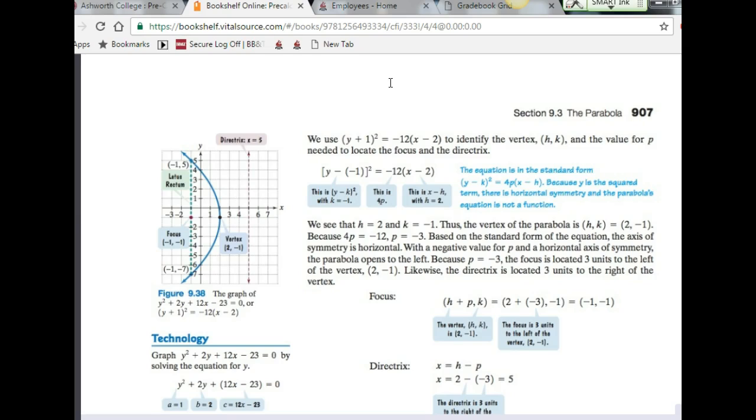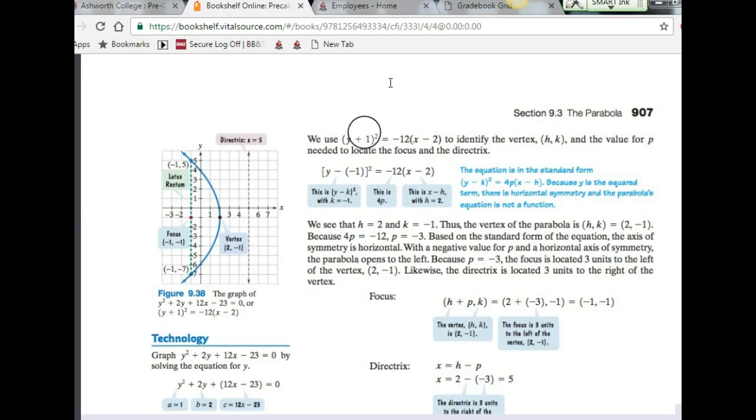One thing that helps us is this value right here, the number in front of the parentheses, which is always equal to what's called 4p. So if I set 4p equal to negative 12, because that's what negative 12 represents, and solve, I'm going to find that p equals negative 3.